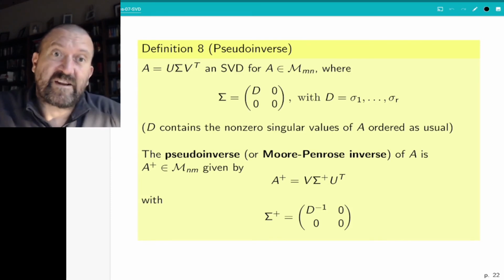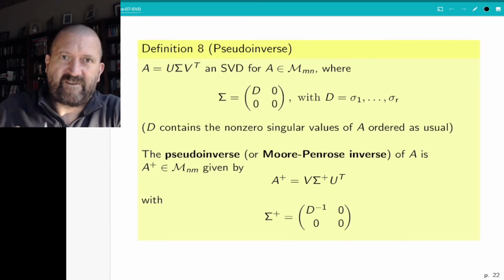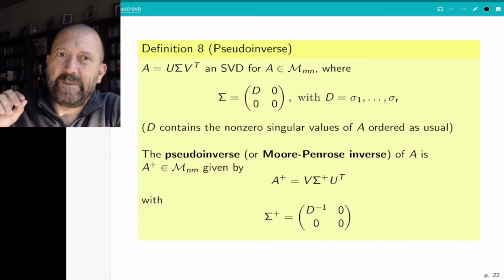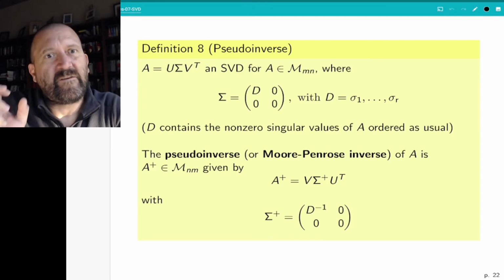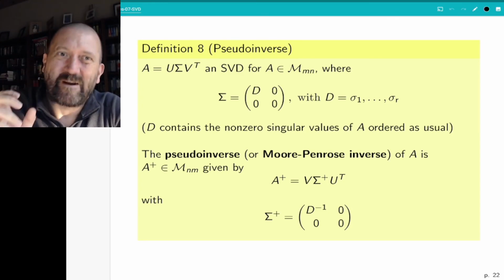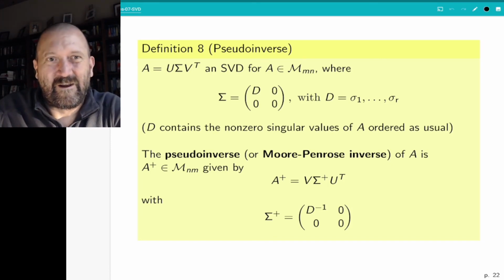So suppose I have an SVD for my matrix. I start out with a matrix in Mn, and I compute an SVD, and just in passing, in the SVD, the sigma has a prescribed shape. It has a prescribed and unique shape because it always comes up in the same order.